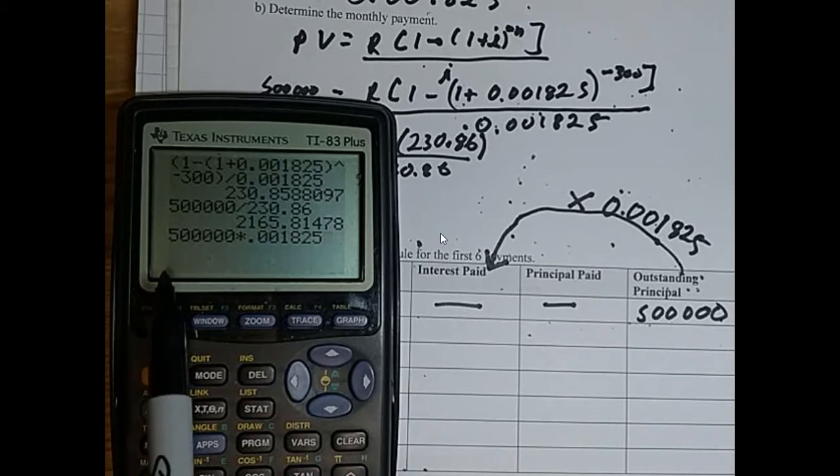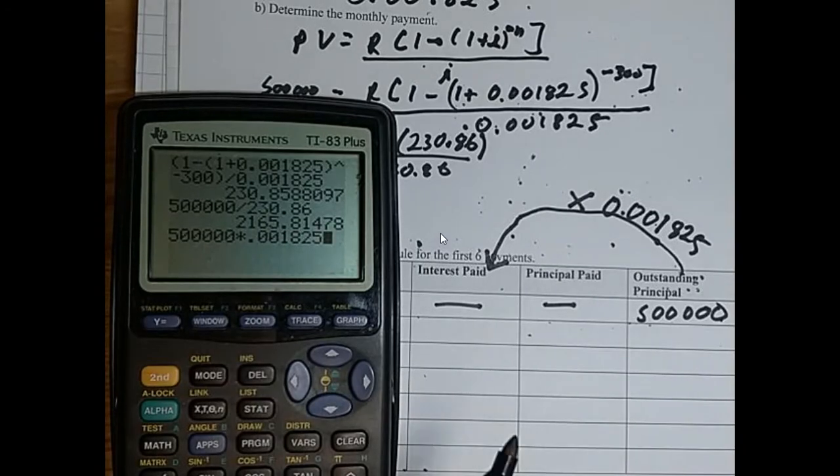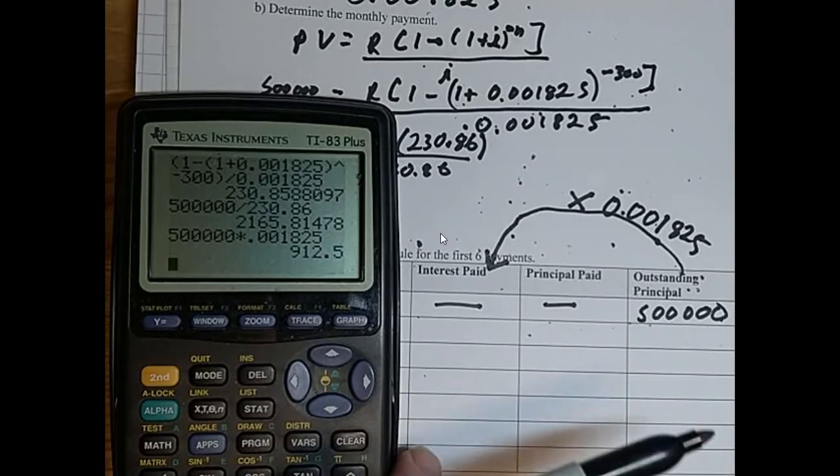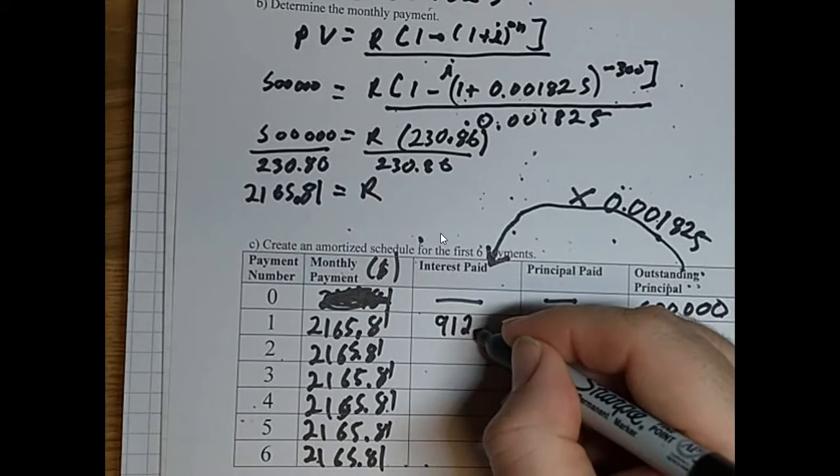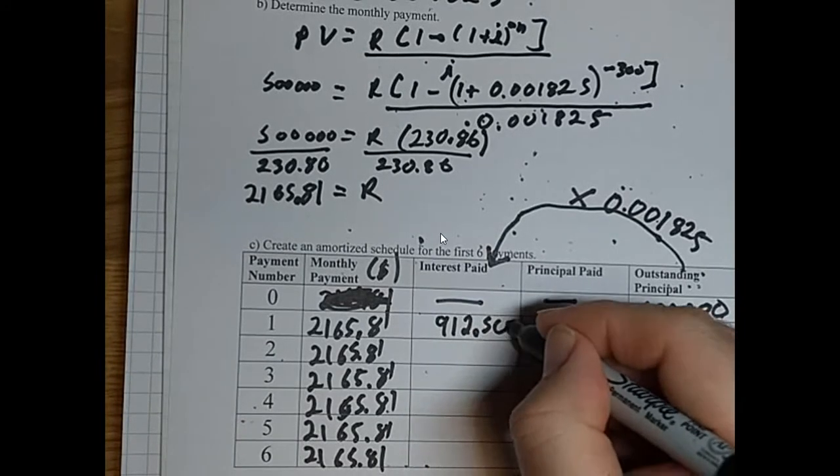So you take your initial balance times 0.01825 and you get 912.15. So 912.15 goes here, or 912.50 goes here.